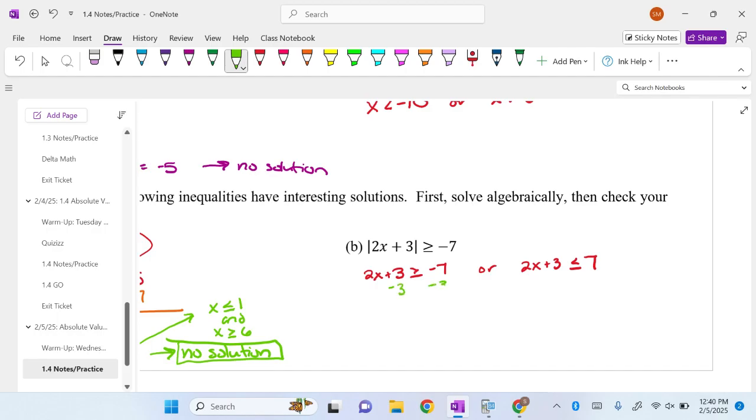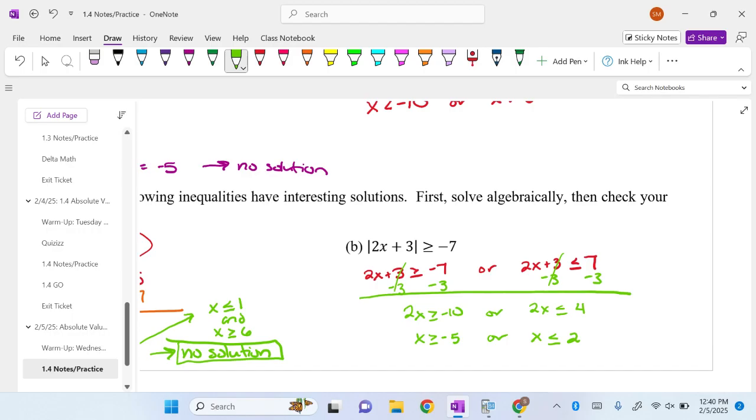So let's subtract 3, subtract 3. All right. These go away. I get 2x greater than negative 10 or 2x less than or equal to 4. So then divide by 2. X has to be greater than or equal to negative 5 or x has to be less than or equal to 2.